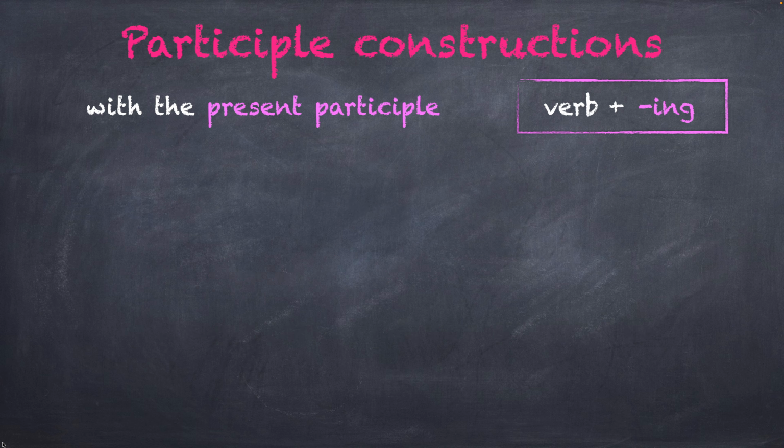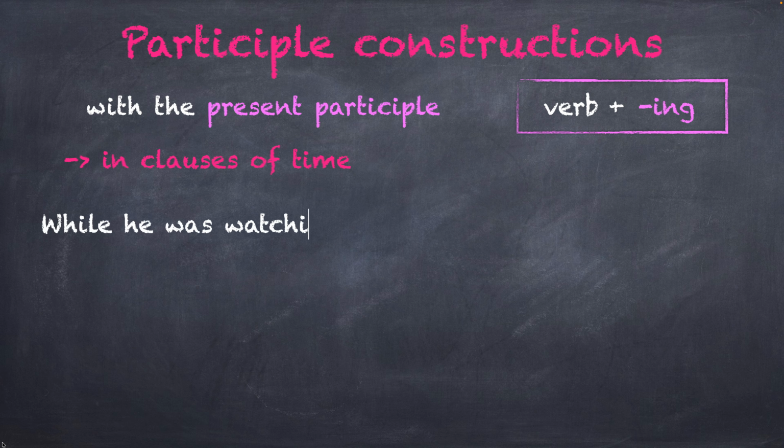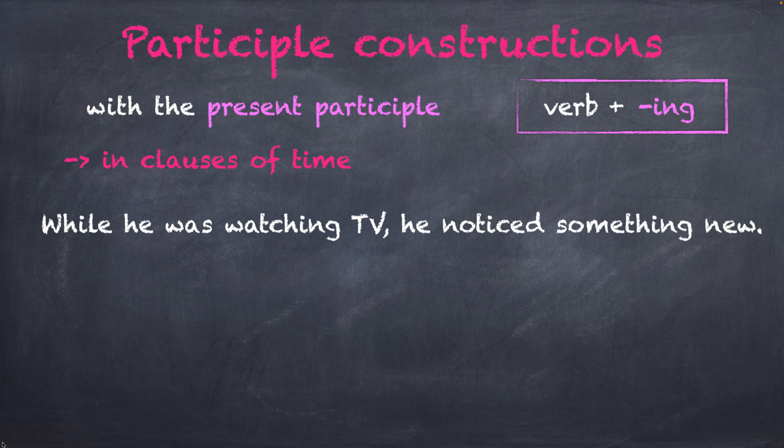So in a clause of time, here is an example sentence. While he was watching TV, he noticed something new. The first part of the sentence, the first clause, is while he was watching TV. This is a clause of time, and you can change it to a participle construction.